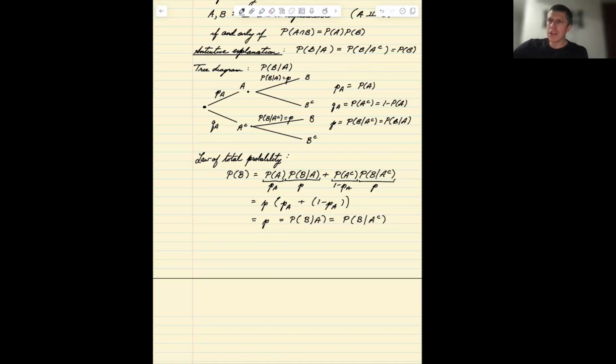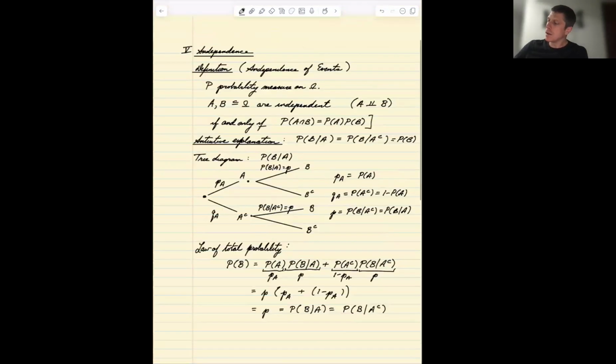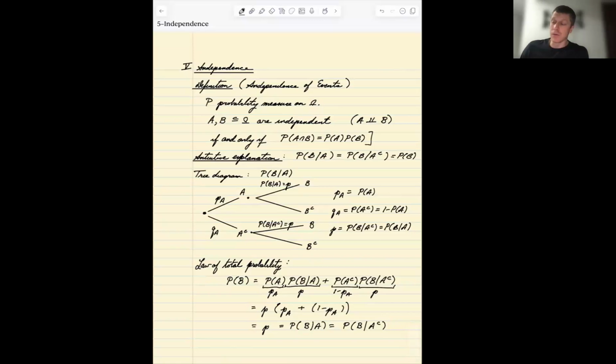Okay, and using that, we could actually derive this product rule up here by the multiplication rule.